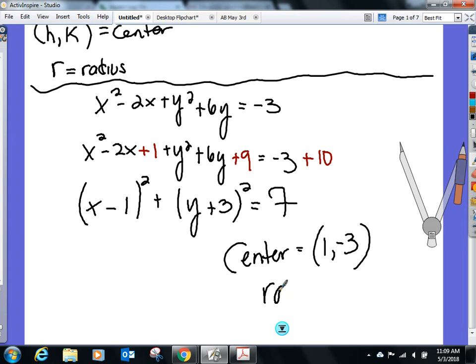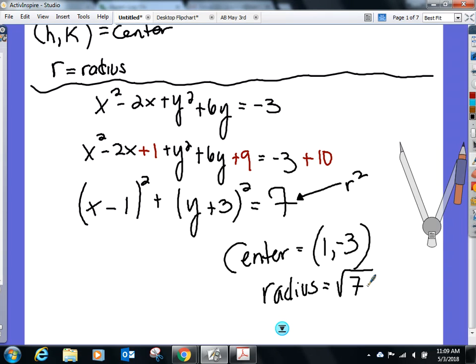And we'll just leave it, I don't need a decimal here. The radius length, if there's a 7 there, it's not 7. Remember, what is this value right here in the equation? That's radius squared. So if you want to solve for the actual radius, do what on both sides? Take the square root, so it's the square root of 7. That's the length of the radius.